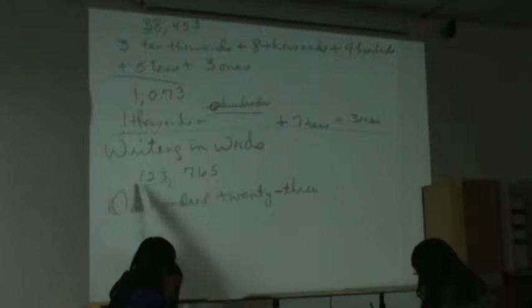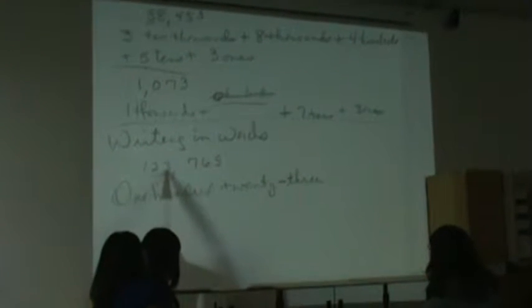A dash. 23, 123 what? Thousand, right? Say it as if you were just reading it. 123,000. Now what do we need? Comma. Anywhere there's a comma in the number, put a comma in the word.